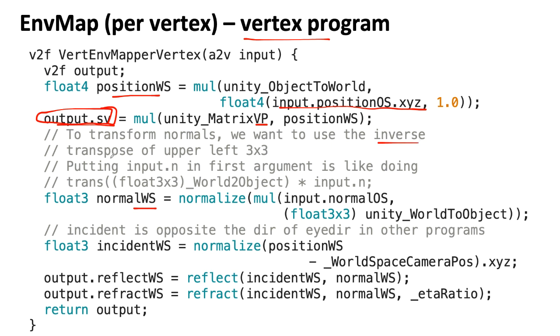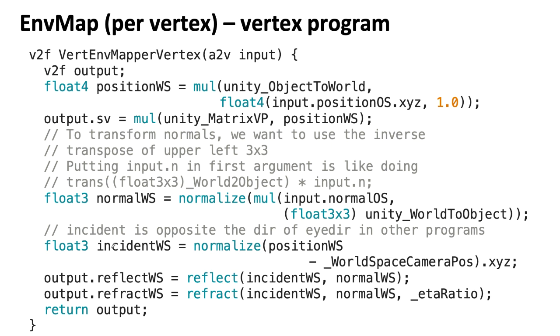You need the inverse transform of the upper left 3x3 portion of your transformation matrix, which we facilitate here by using the world to object matrix provided by Unity, which is the inverse of the object to world matrix, and also using the trick where we're thinking about the normal vector as a column vector, but by placing it first in the multiplication command, we wind up facilitating an effective multiplication by the transpose. So all of that is code we've seen repeatedly in previous shaders that we looked at.